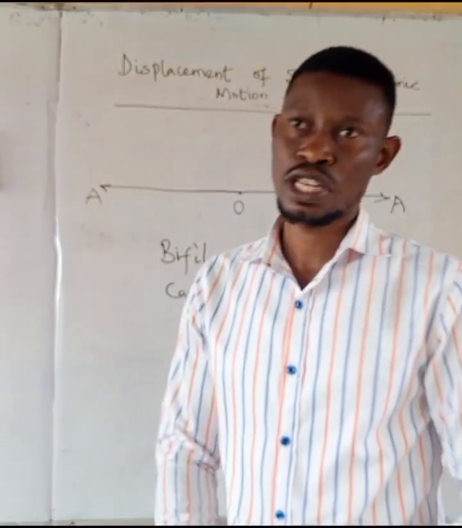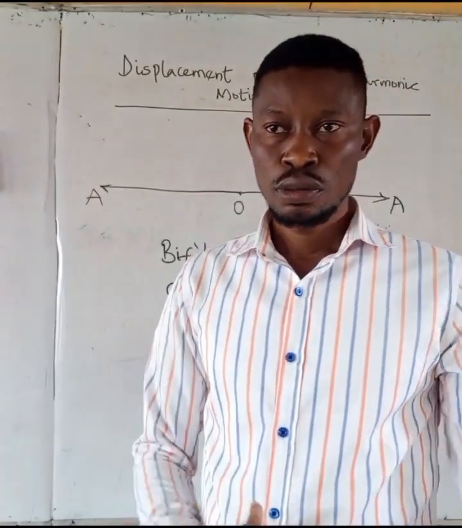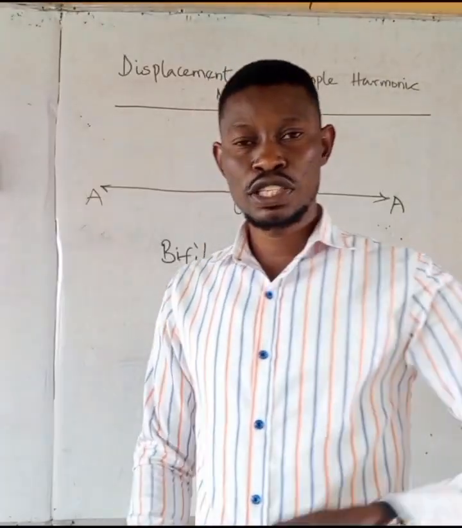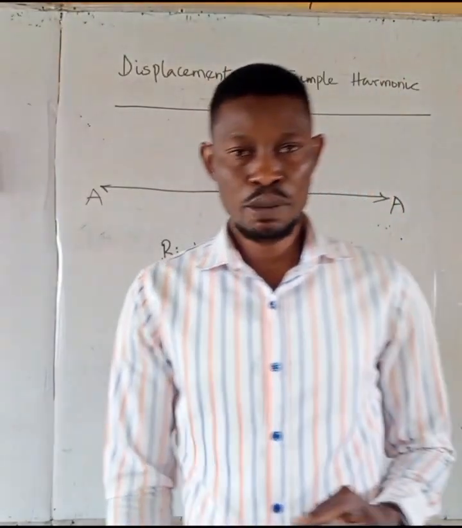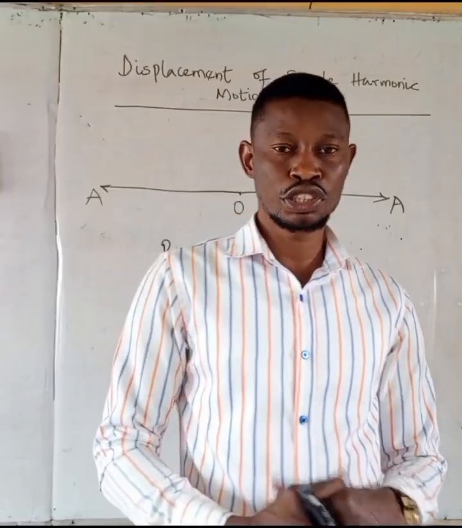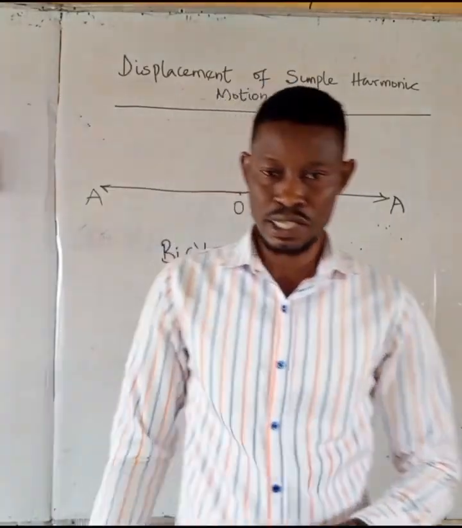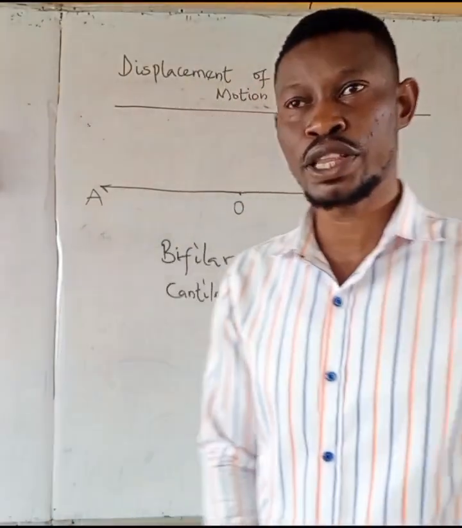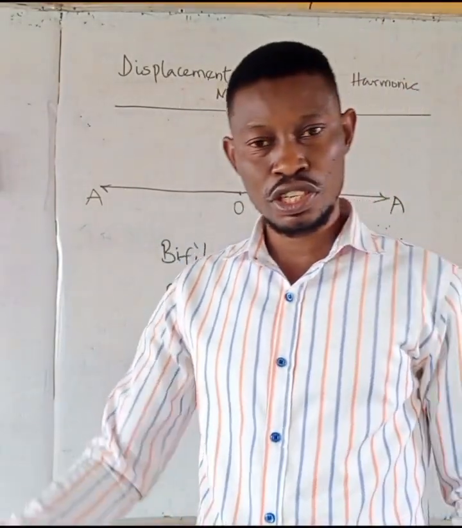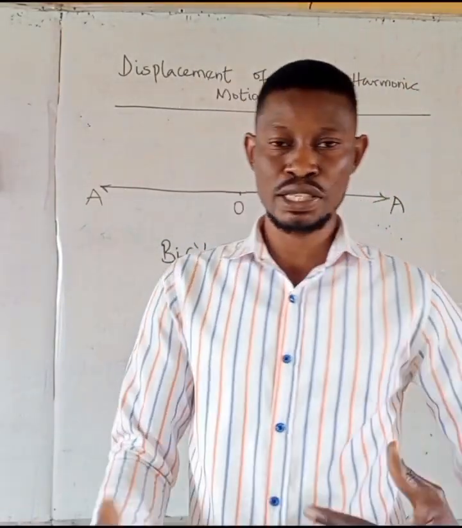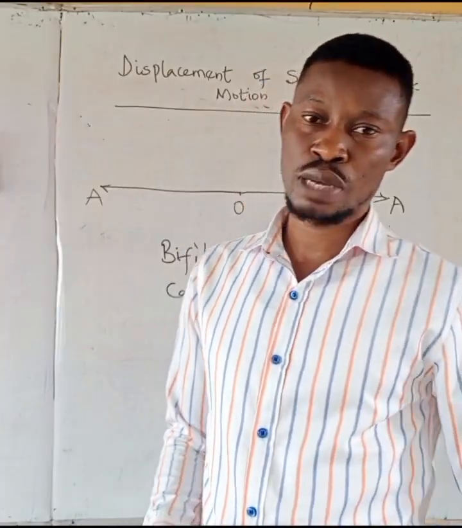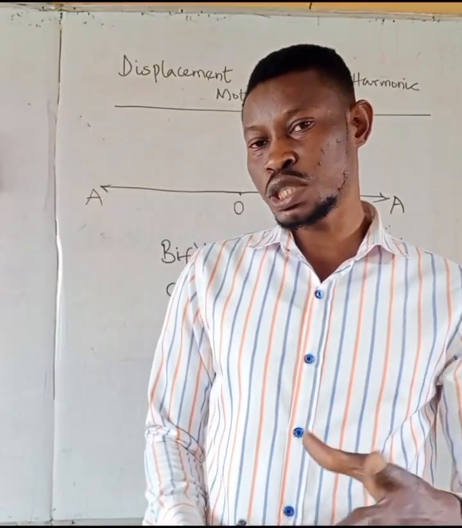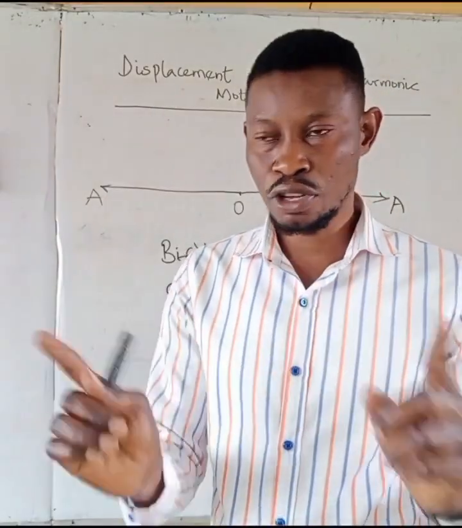We should take note that not all periodic or to and fro motions are simple harmonic. One good example I like to use is, let's say in a football training, you see two footballers passing the ball to each other repeatedly. One may think that since this motion is periodic, such a motion is simple harmonic motion, but it is not, because actually the force with which each person kicks the ball cannot be the same.